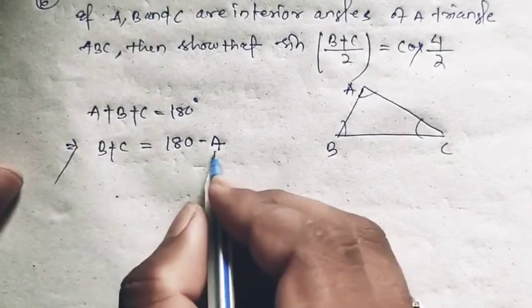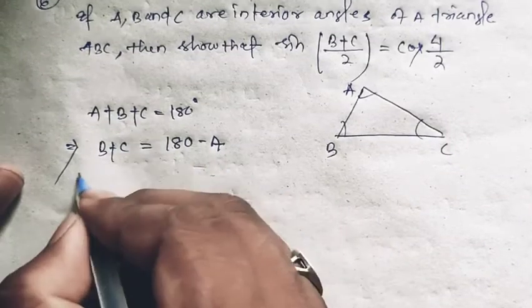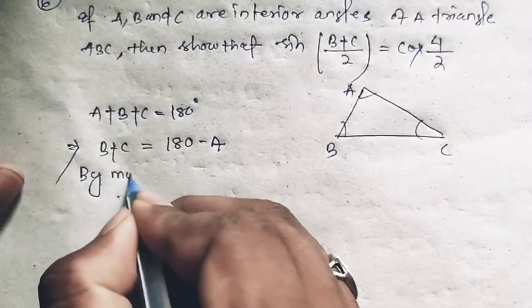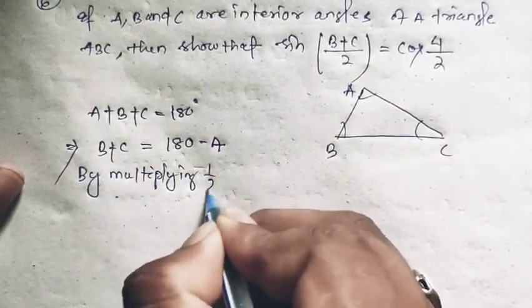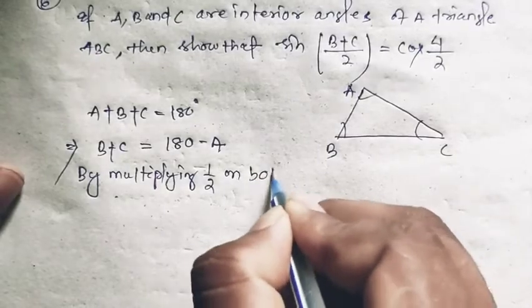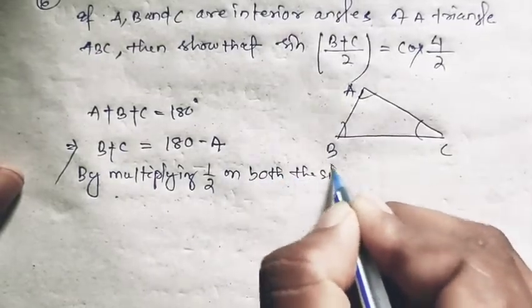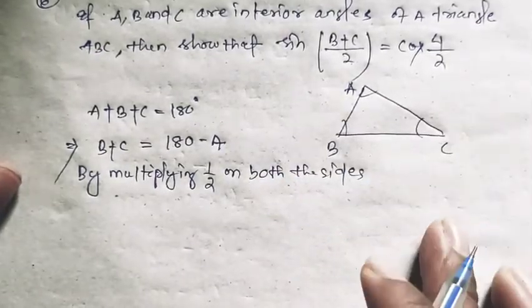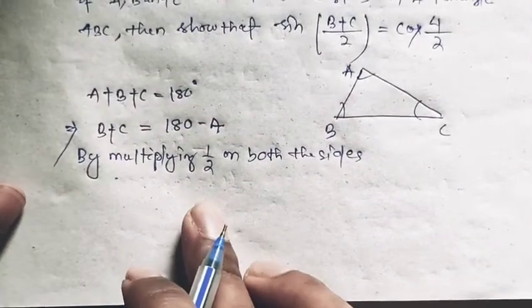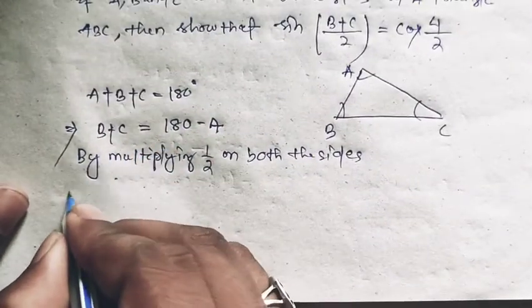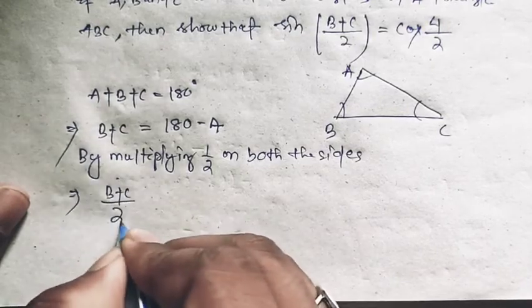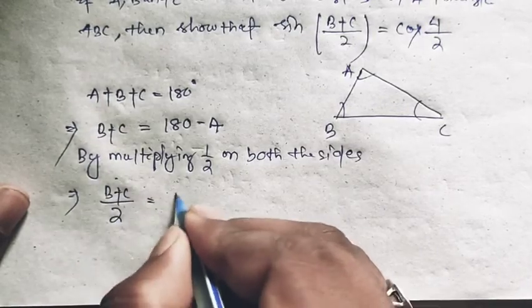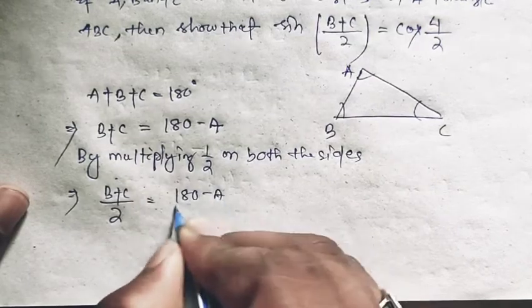By multiplying 1 by 2 on both the sides, this is a very important question. You have to remember the tricks. So this will be B plus C by 2, which is equal to (180 minus A) by 2.